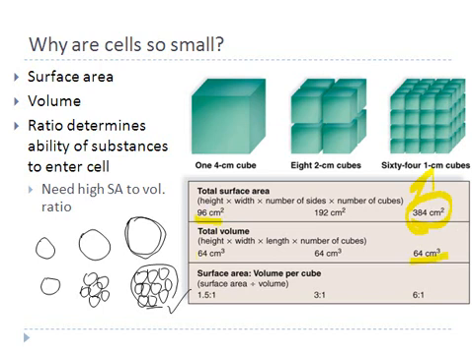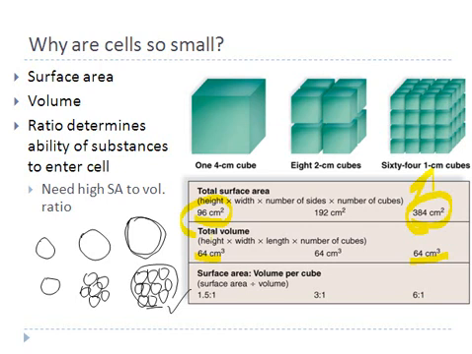However, you can see the surface area of the same object would be 96 square centimeters if it were just one big cube. So the main reason for cells to be present in such a small size is because it increases the surface area of the cell.